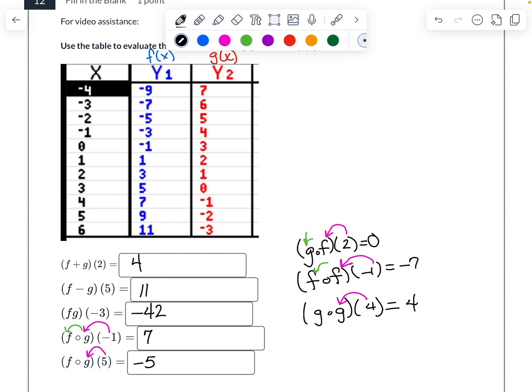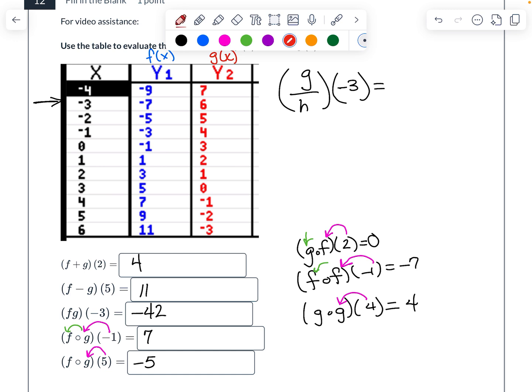Something that bothers people, let's say they give us g divided by h of negative 3. Then we are going to go to g, and we're going to go to negative 3.